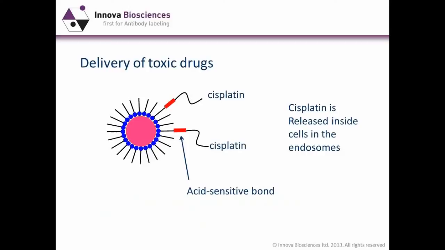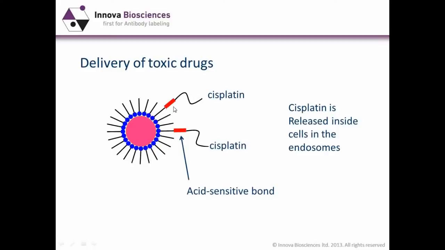Okay, just coming to the last two slides now. Gold particles can be used for delivery of toxic drugs. So you'll find this type of study in the literature. Cisplatin, which is incredibly toxic, shows reduced toxicity if it's attached to this type of structure.